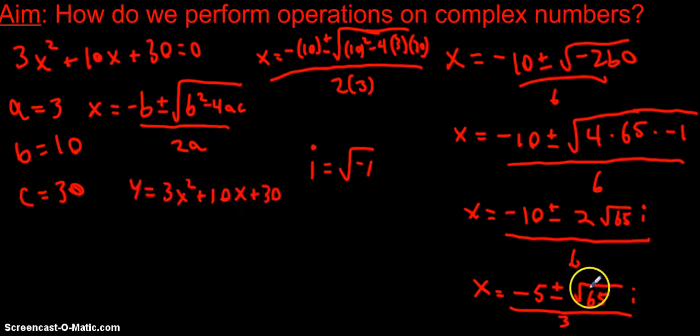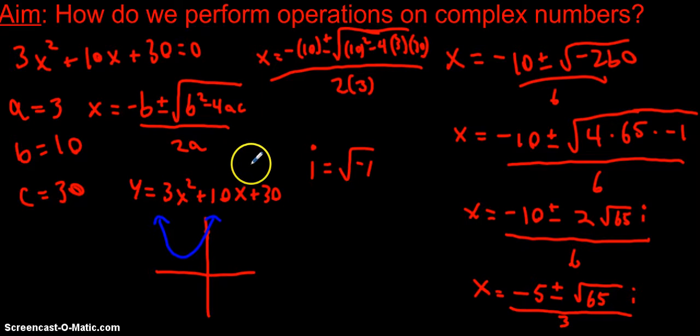And that would tell us that the roots of this parabola are located at imaginary locations, because if you look at the graph of y equals 3x squared plus 10x plus 30, it never crosses the x-axis, and that's where imaginary numbers occur. They occur when using the quadratic formula to determine the roots of parabolas which have no x-intercepts.